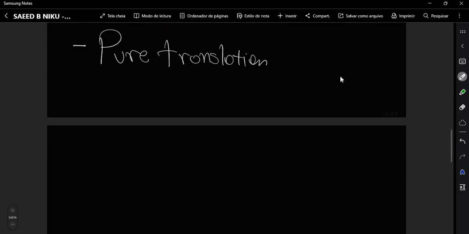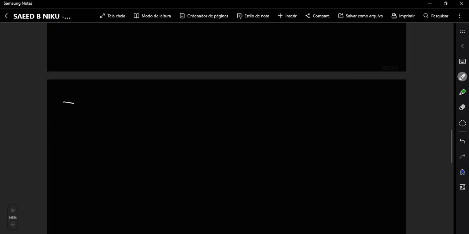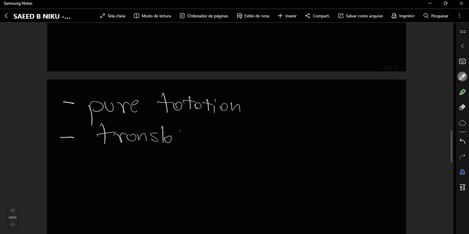We can have a transformation that is a pure rotation, and lastly we can have a transformation that is both a translation and rotation.